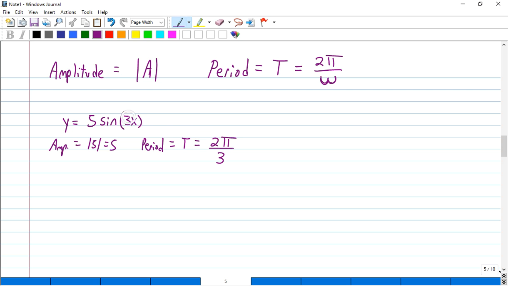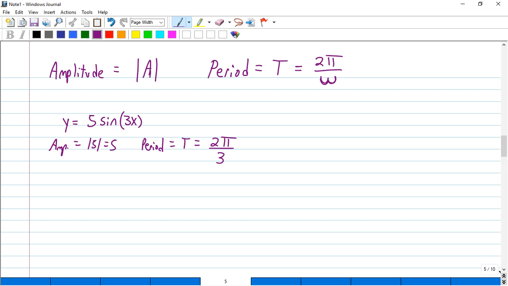It's 2 pi divided by whatever's in front of x. There's nothing I need to do to simplify that. That is simply 2 pi over 3. So one complete period for this graph would be 2 pi over 3 units long.